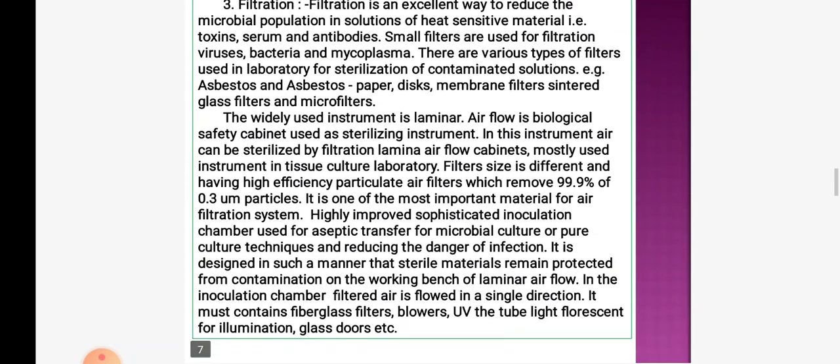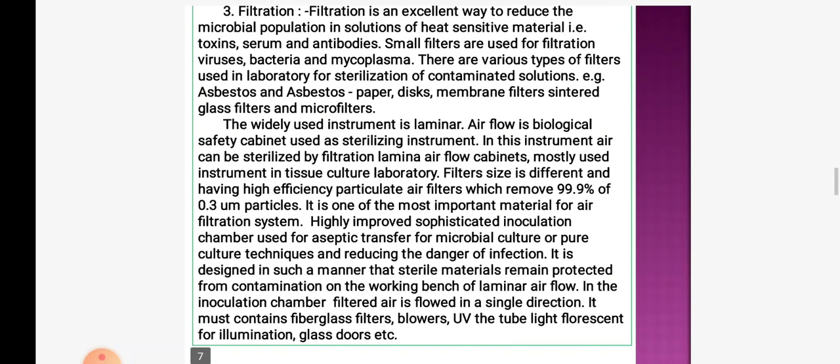The next method is the filtration method. It is an excellent way to reduce microbial population in solutions of heat-sensitive material, toxin, serum, antibodies. Small filters are used for filtration of viruses, bacteria and mycoplasma.